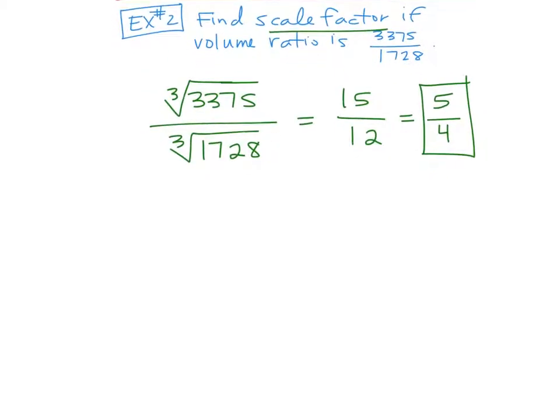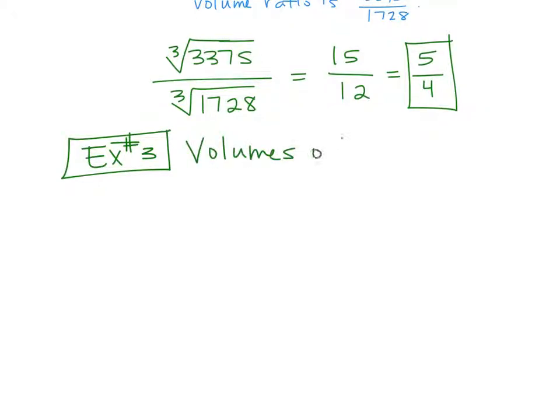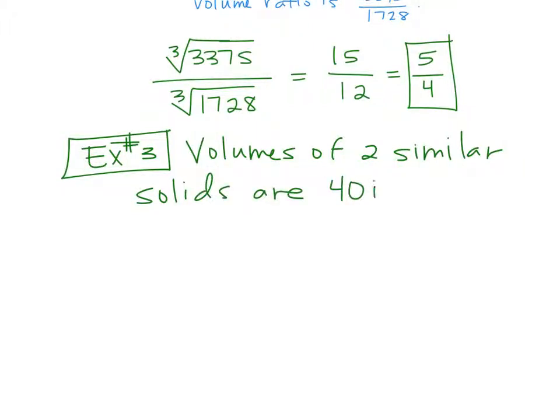All right, example 3. This says the volumes of two similar solids are 40 cubic inches and 135 cubic inches.